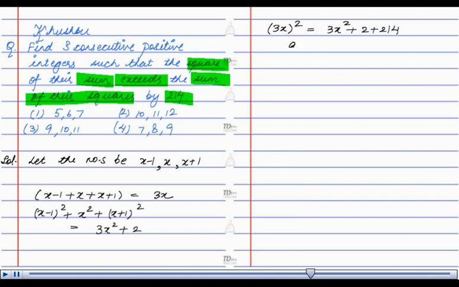Therefore, we have 9x square is equal to 3x square plus 216, or 6x square is equal to 216, which gives x square as 36 or x as 6.